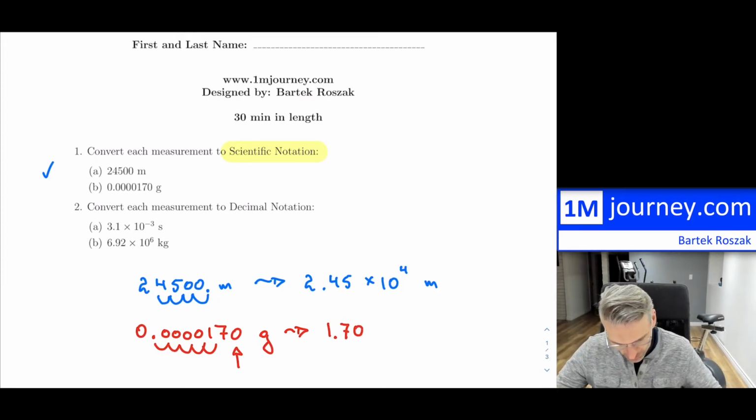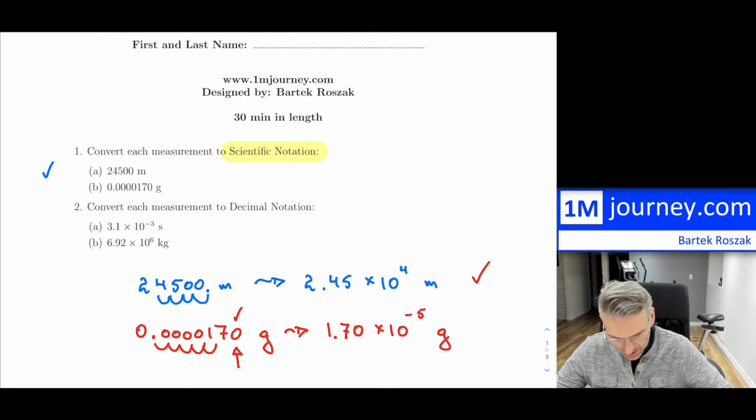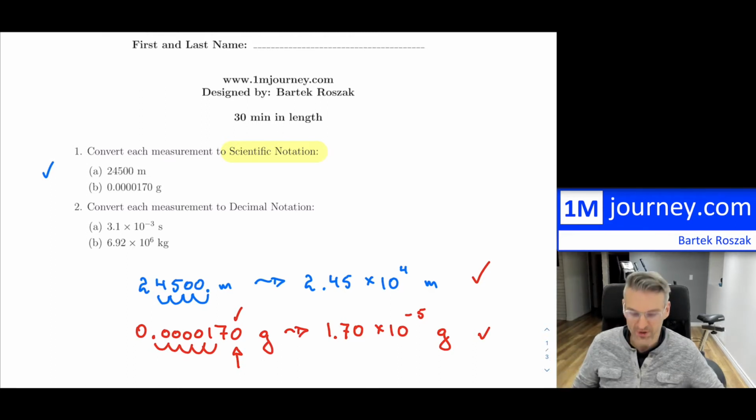So I'm going to put 1.70 because this would have been significant if it was a measurement. And this is times 10 to the now negative, because you're going in the opposite direction. So this is negative. And how many do we move? 1, 2, 3, 4, 5, it looks like. And this was grams. So that would have been the actual conversion, and now you have scientific notation numbers.